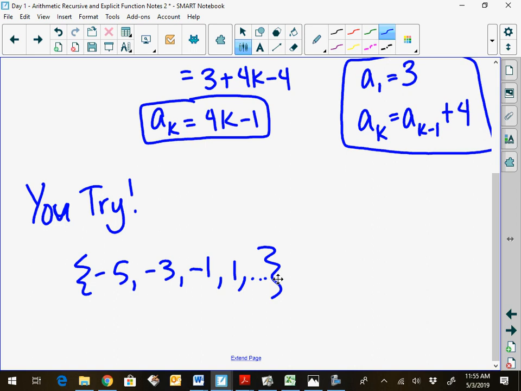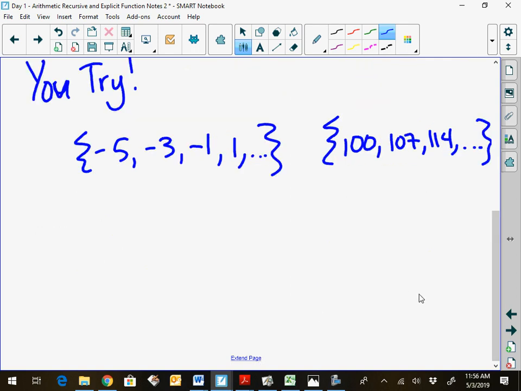So this is infinite. And then if we have this one, the set of numbers 100, 107, 114, and it keeps going. So you could pause the video and try and write the explicit and recursive for each of these. And now I'm going to write them up here.